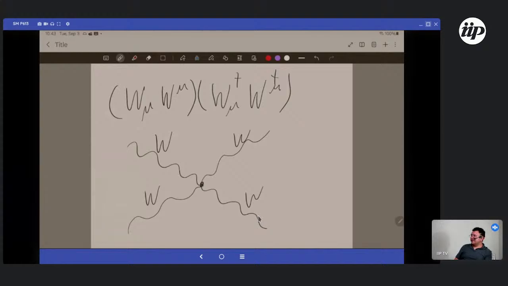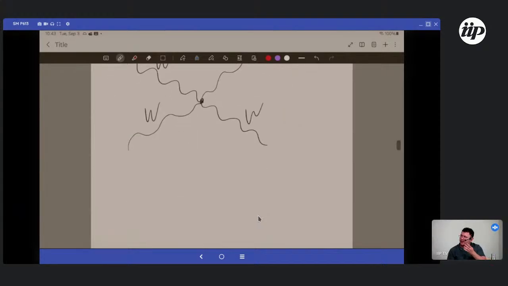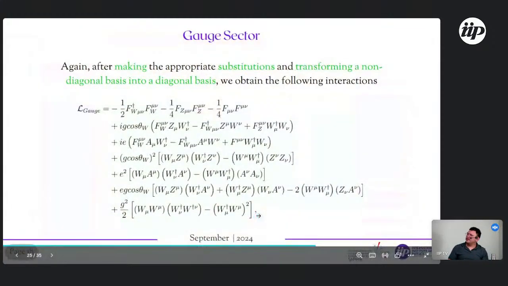So the standard model says that there are interactions between four W bosons, and we can measure that in particle experiments. So the Lagrangians are not only mathematical formulas; we can interpret them from a physical point of view. It is important to understand that.